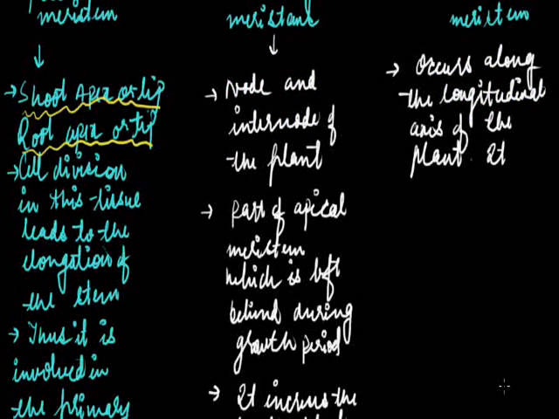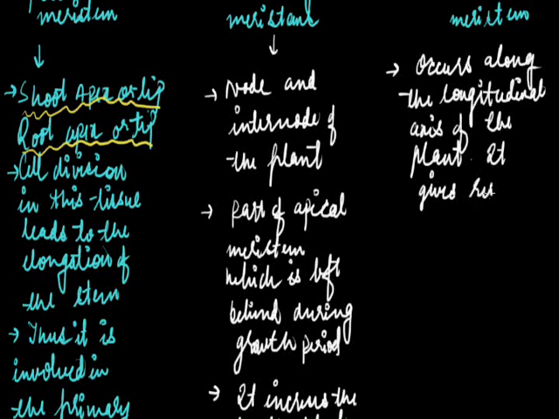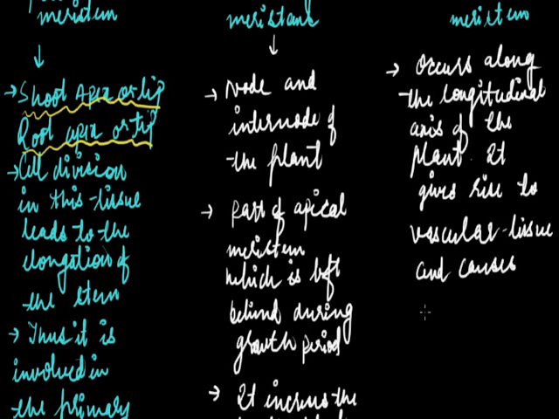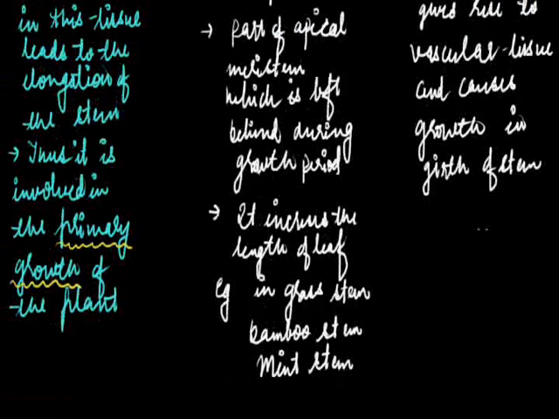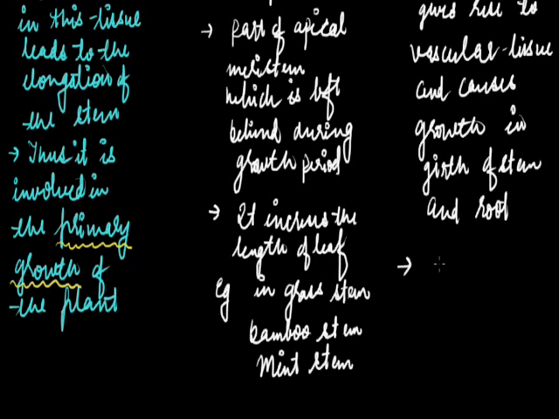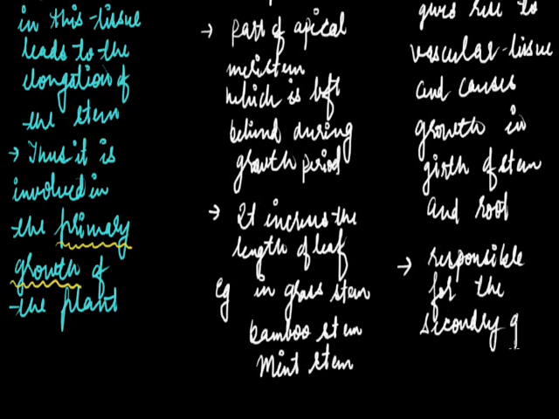It gives rise to vascular tissue and causes growth in girth of stem and root. It is responsible for the secondary growth of the plant.